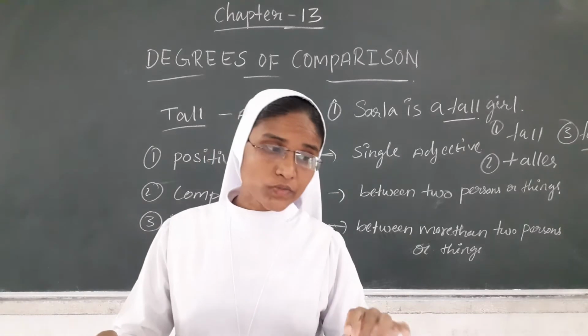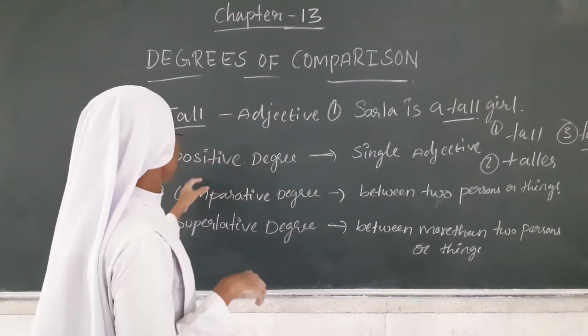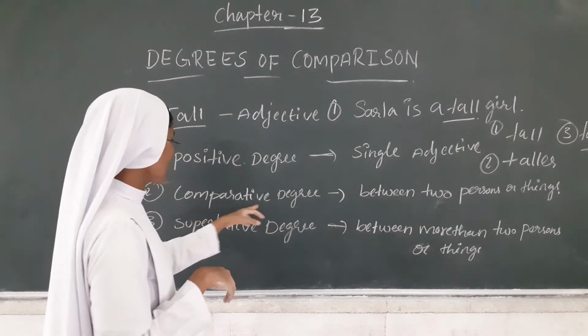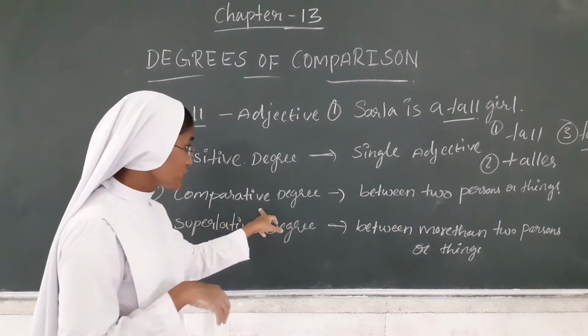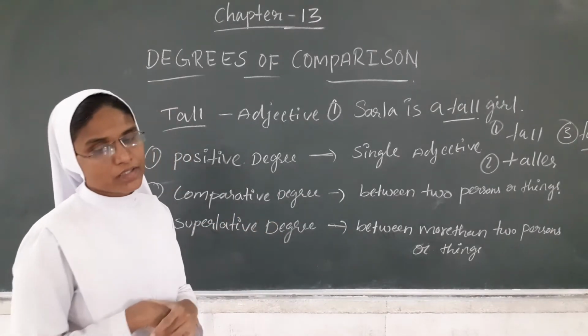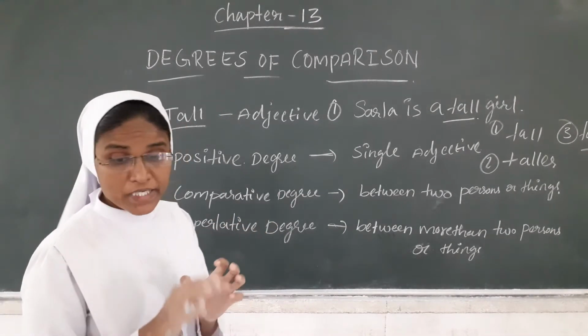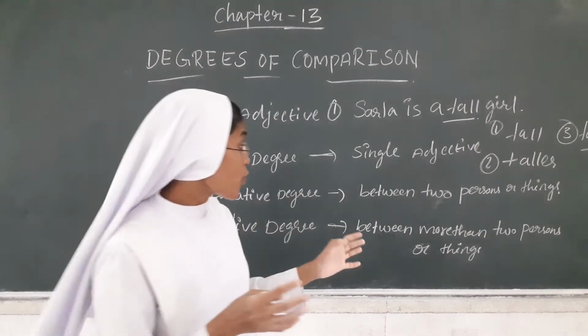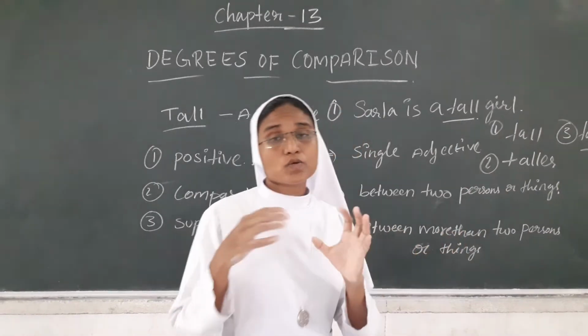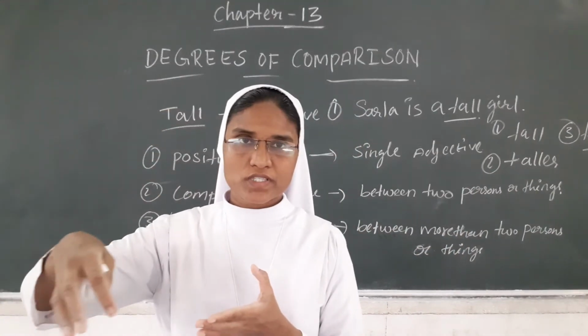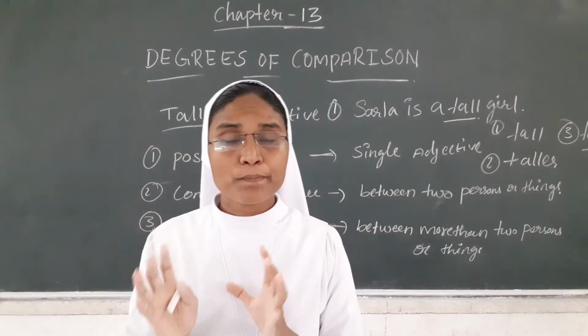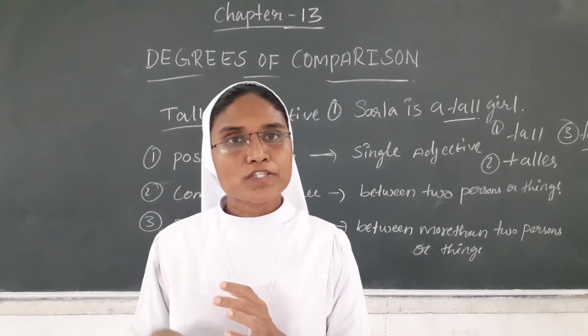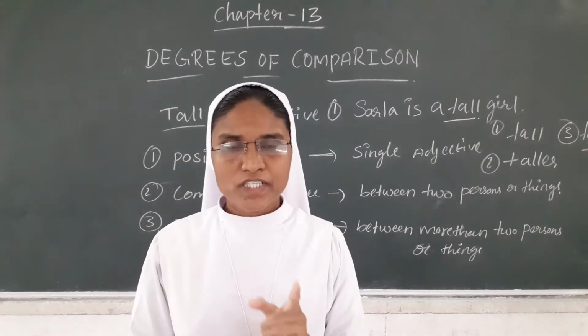Then the superlative degree. Positive degree, comparative degree, and superlative degree. Third, the superlative degree means when a comparison is made between more than 2 persons or things. More than 2 persons or more than 2 things, that we call the superlative degree. Do you understand?